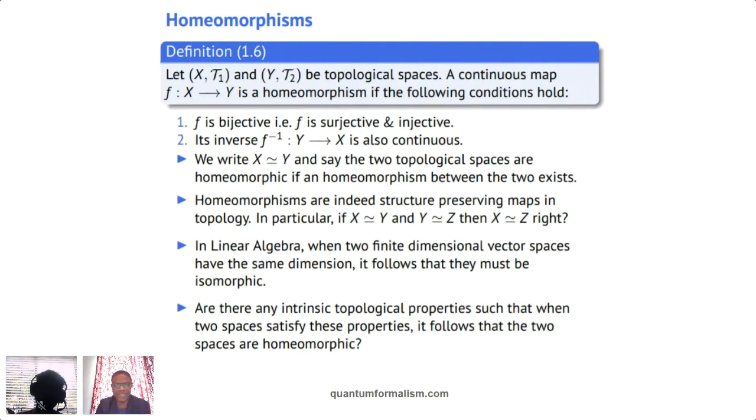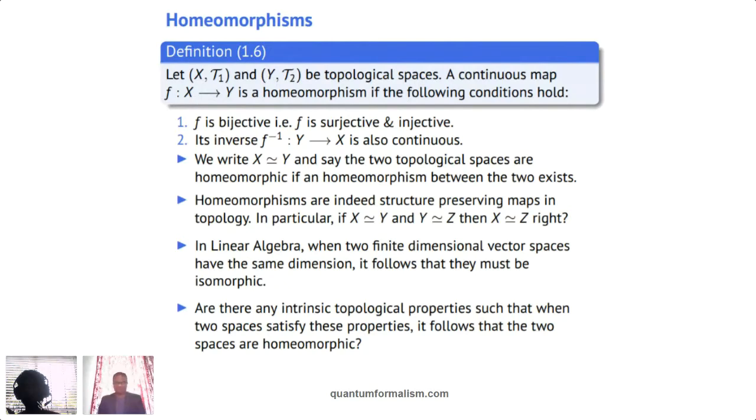Take two topological spaces and a continuous map. A homeomorphism needs to be continuous. It is a homeomorphism if it is bijective, set theory 101, you know what a bijective map is, and most importantly, if the inverse of it is also continuous.